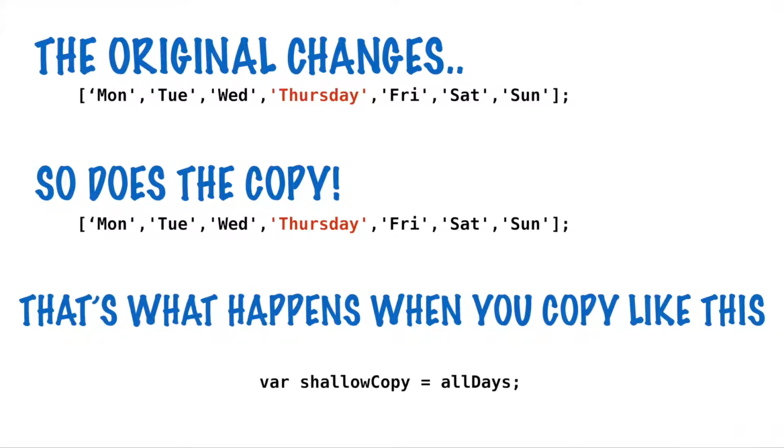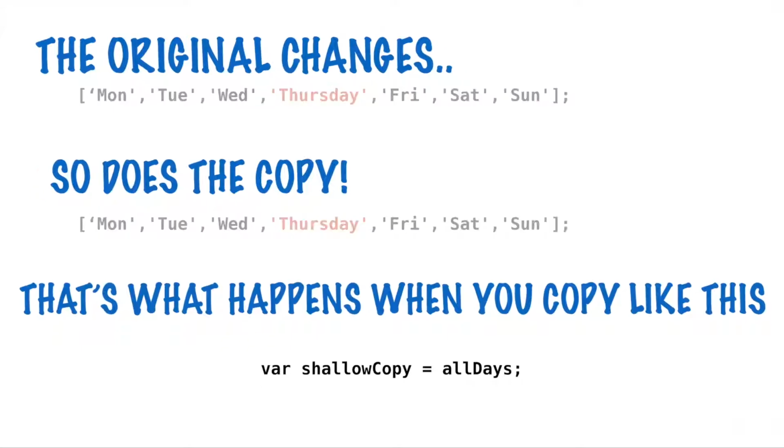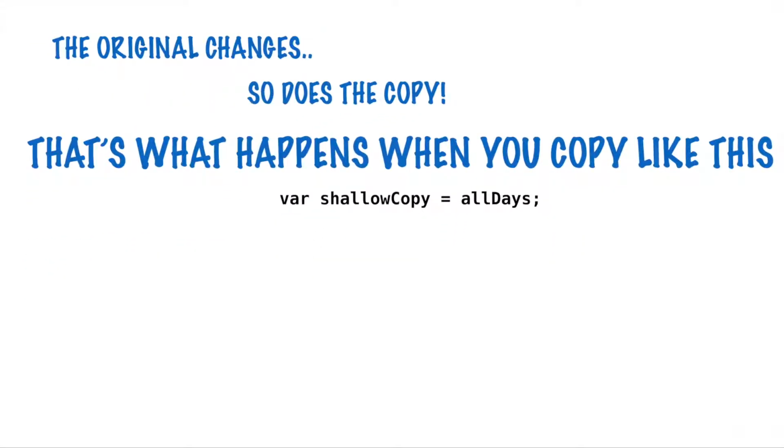So when you copy using this particular syntax, where you declare a new variable, var shallow copy or whatever the variable name is, equal to all days, what you get is a copy which mimics the original in every way. You change the original, you'll change the copy. If you change the copy, you'll change the original. It's called a shallow copy.